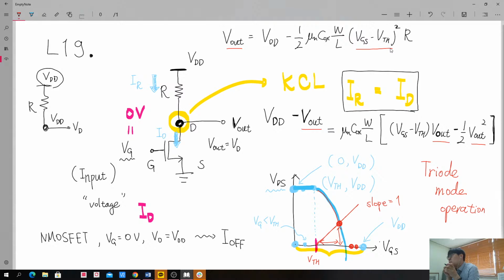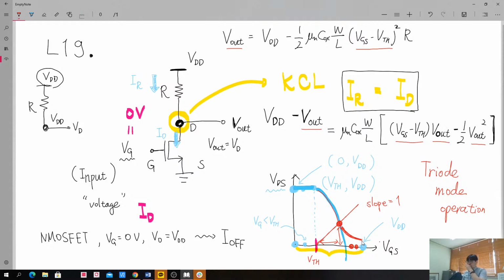Yes, however, now VGS appeared here as a coefficient of our V out term. So of course you can try to draw it, and the curve will just look like this. It never goes below 0, so it never becomes 0, and you will have this behavior.